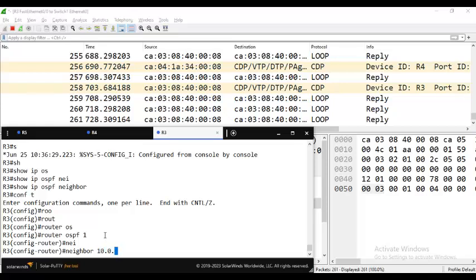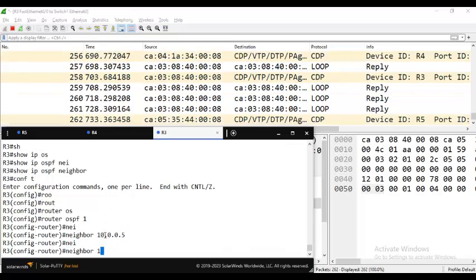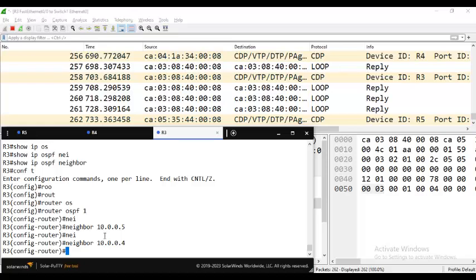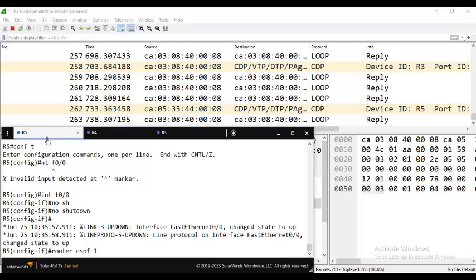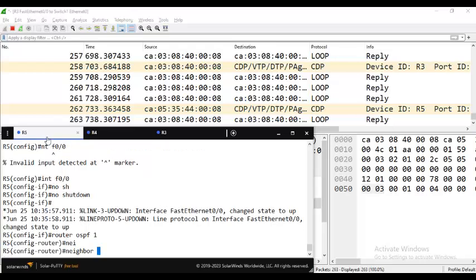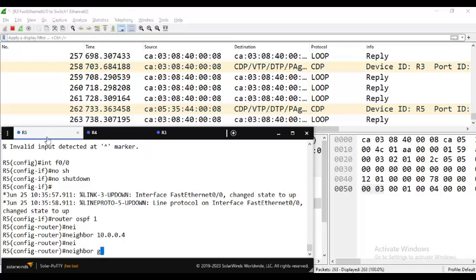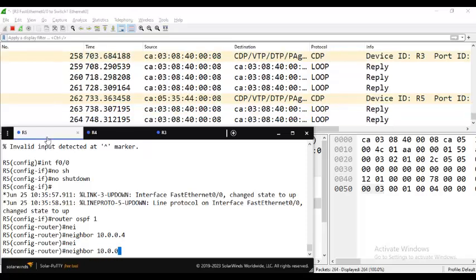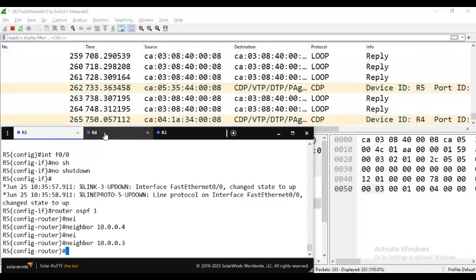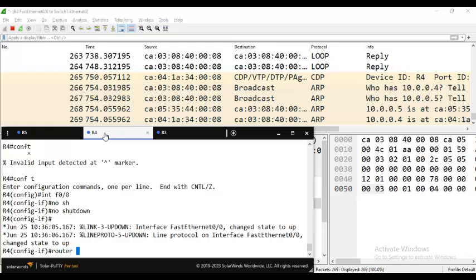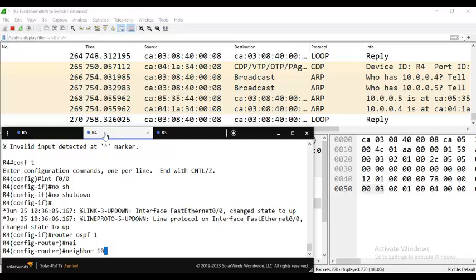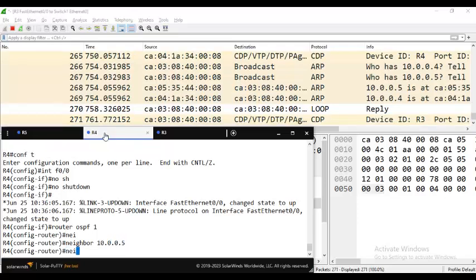Router OSPF 1, neighbor is 10.0.0.5 and 10.0.0.3. That's all. Neighbor has come. It is unicast. None of the hello packets will be multicast. It's all unicast. All the hellos are unicast. They don't use multicast.